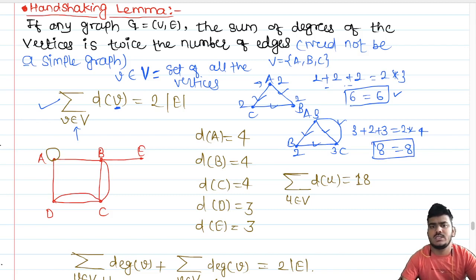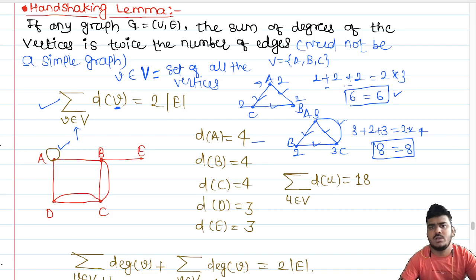This is one more graph which contains 5 vertices, and in this graph loops are also present. Let's find the degrees of each vertex. Whenever a loop is there on a particular vertex, its degree is counted as 2 for the loop. So degree of A becomes 4.